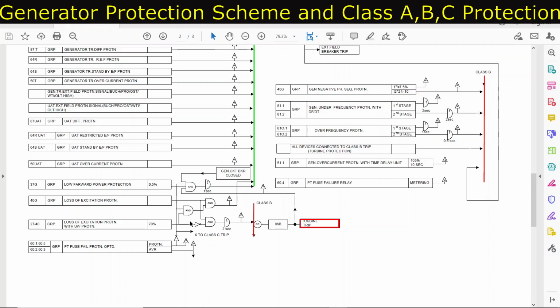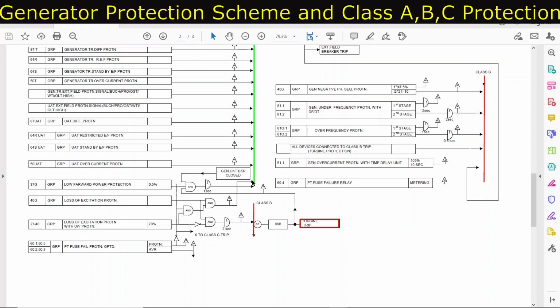If class B happens, you can see there's an OR gate, a logic function used, like loss of excitation. This is an AND gate, and there's loss of excitation protection with under voltage. So different logics are used to generate a signal to trip the breakers.